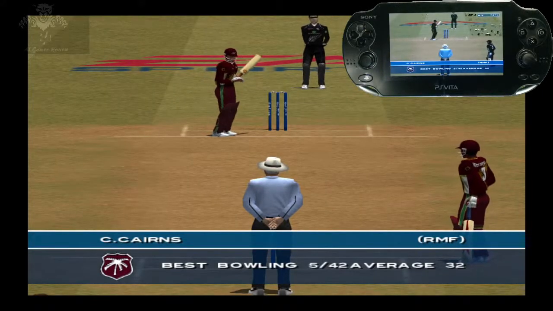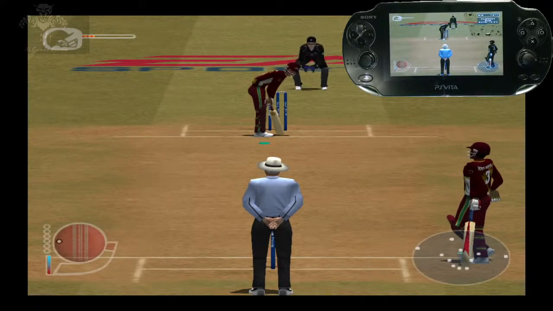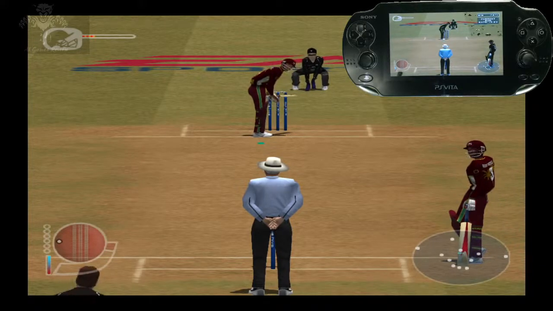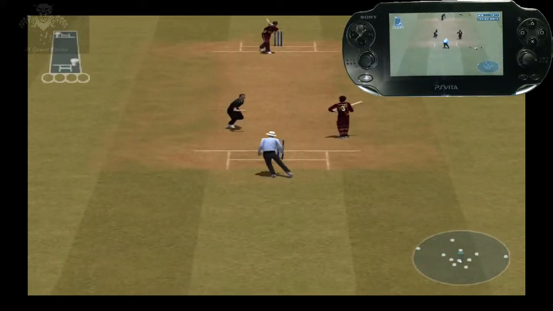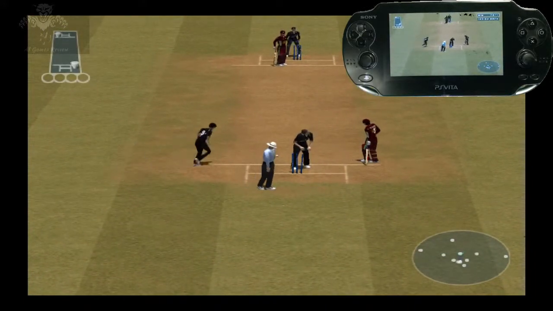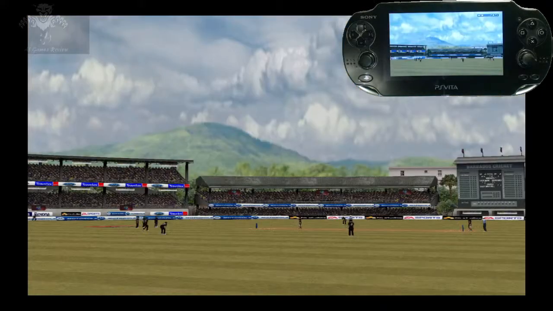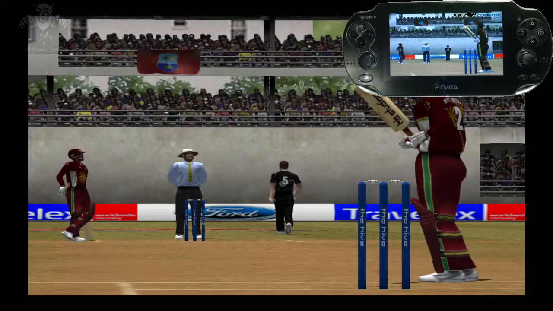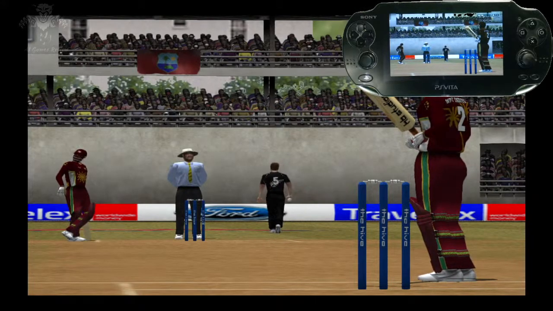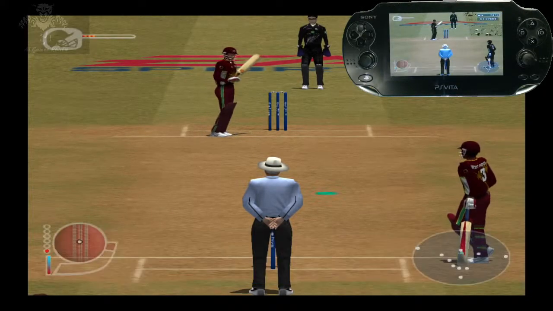Cairns, the ball to Hines. Hines waiting at the striker's end.